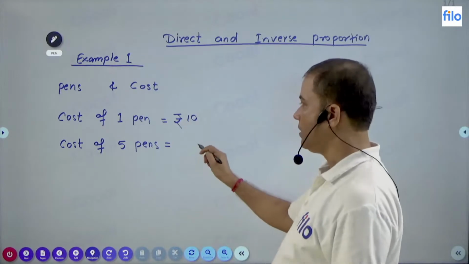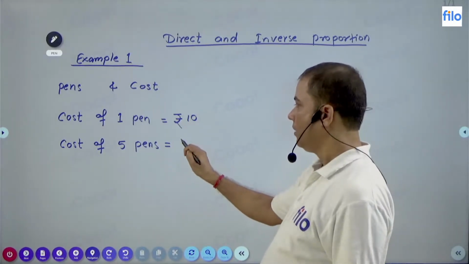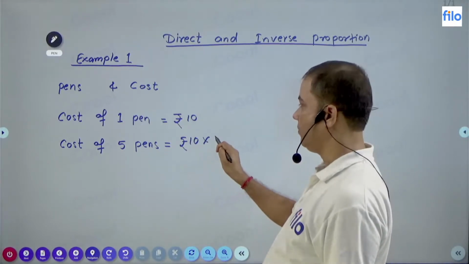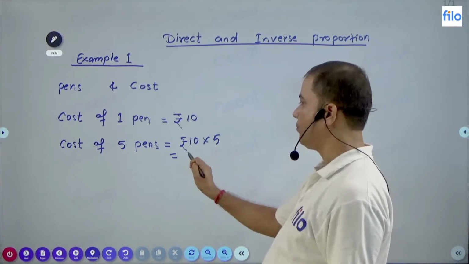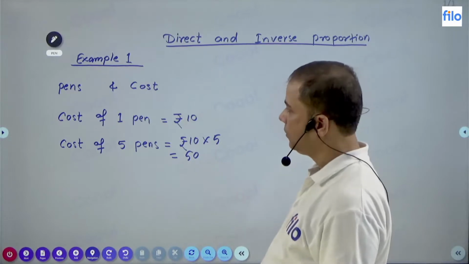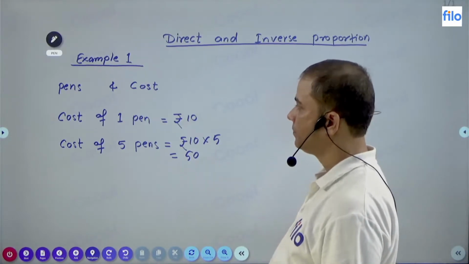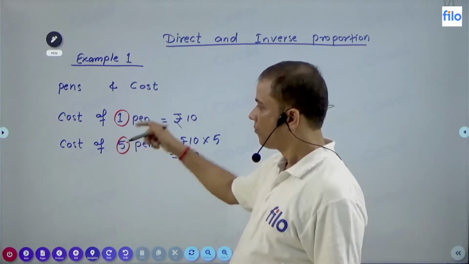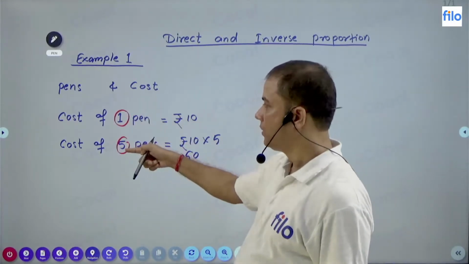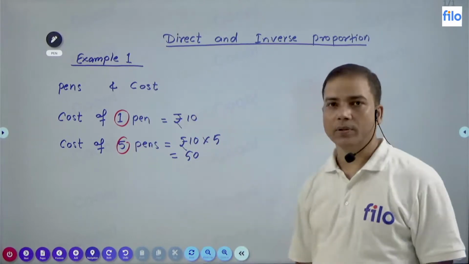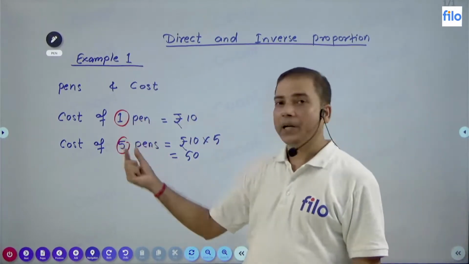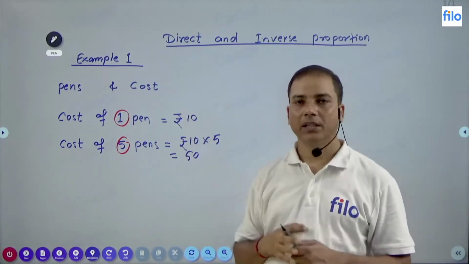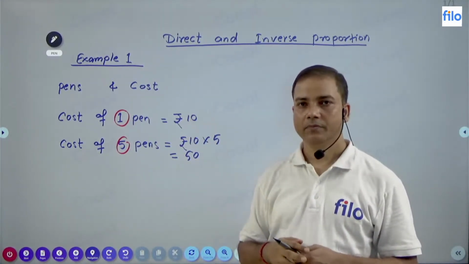Cost of 5 pens, you will multiply 10 rupees with 5 and it becomes 50 rupees, right? Notice what happened. Number of pens became more, cost also became more. Number of pens increases, cost also increases, right?